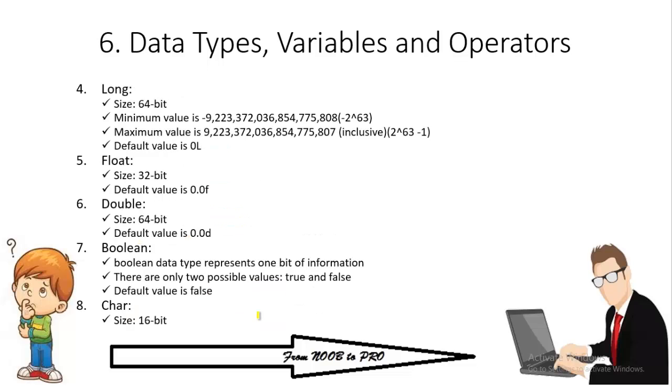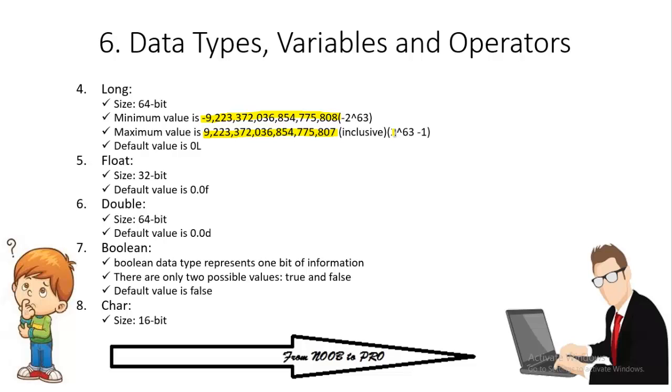Okay, moving to the next data type, which is long. Long is similar to integer, but the size is larger, that is 8 bytes or 64 bits. So if you want to store data with a value starting from minus this to plus this, it's a large data, right?